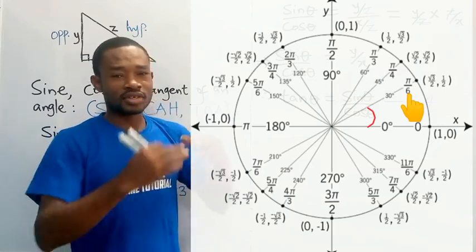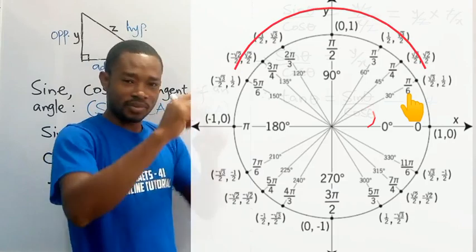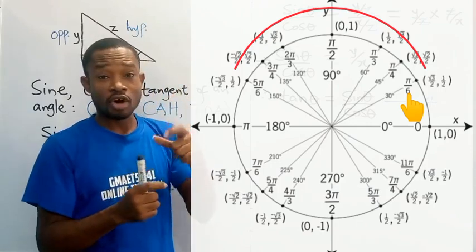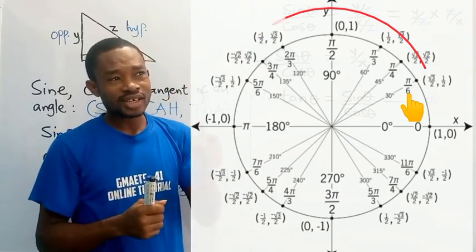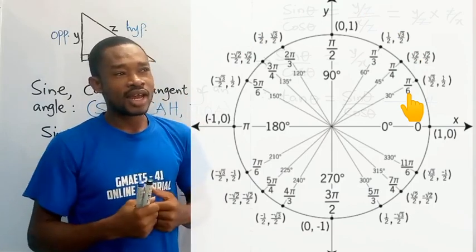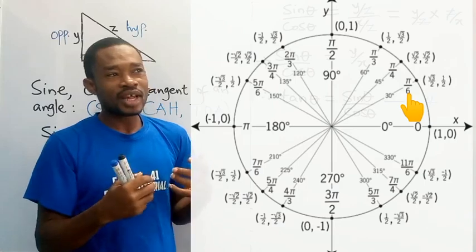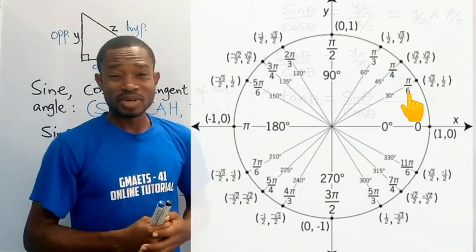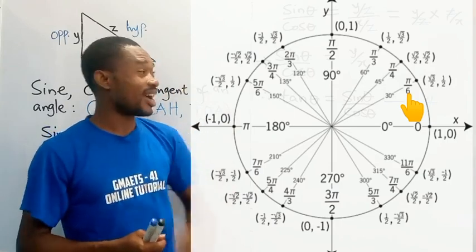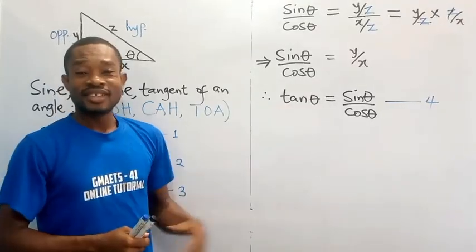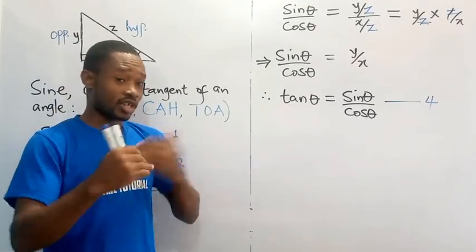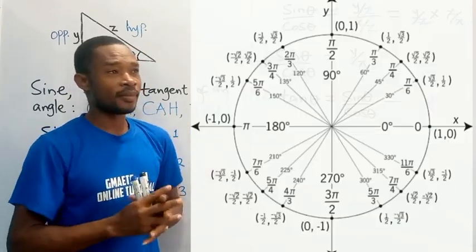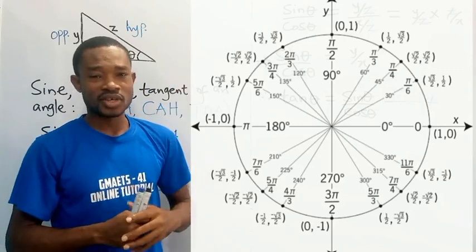And then when you move on, just outside, you see values given in brackets. I'm going to tell you the first one is the value of cos 30, and the second is the value of sine 30. Now, in this unit circle, we didn't bother to show the value of tan of those special angles. The reason is because once you know the value of sine and cos, you can get tan using the tan identity for sine over cos, that ratio identity number 4. So with cos and sine, we are just okay. And what is the value of cos 30, as you can see there?